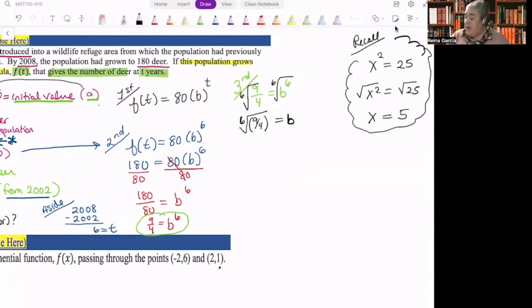We take our base, which in this case is 9/4, and it is being raised to the power of 1, if nothing's there, which becomes our numerator in our fractional exponent. Over our denominator is the root we're looking for, which is the sixth root. So that is another way to say what is equal to b.